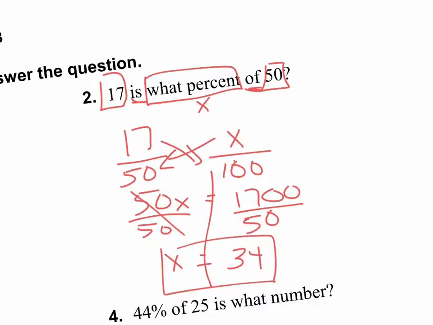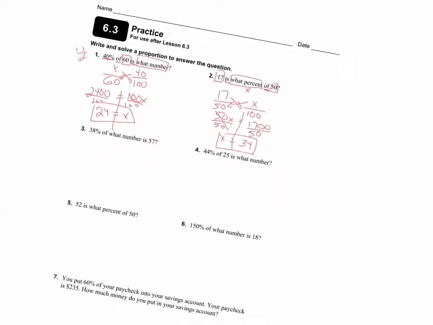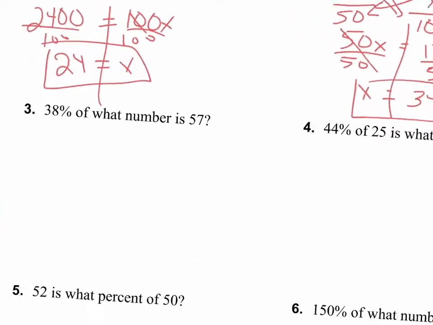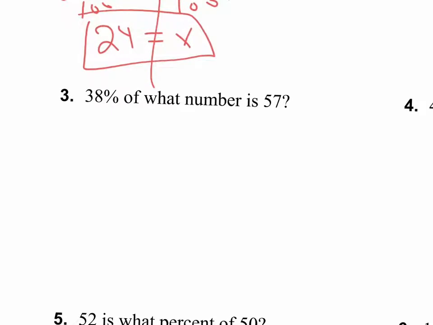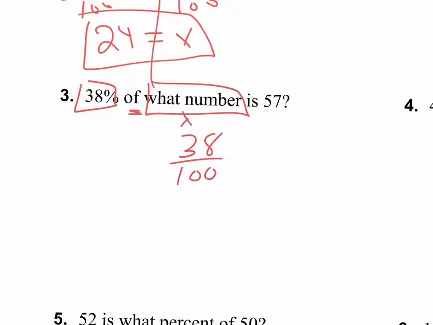All right, keep on going. Okay, 38%. Right when you see that percent sign, you know that's going to go over 100. So 38 over 100. Of what number? Do we know what number? No, so of is in the bottom, so x is in the bottom. Is 57, so 57 goes on top.